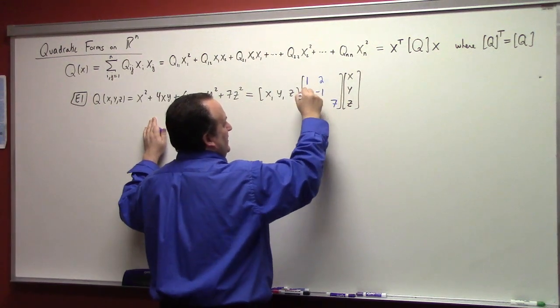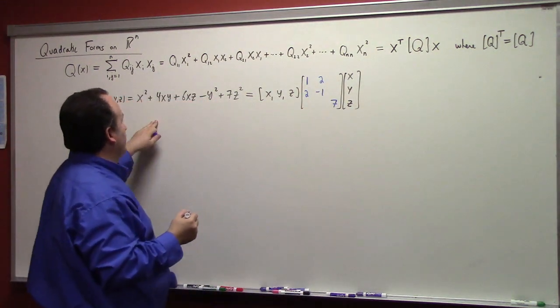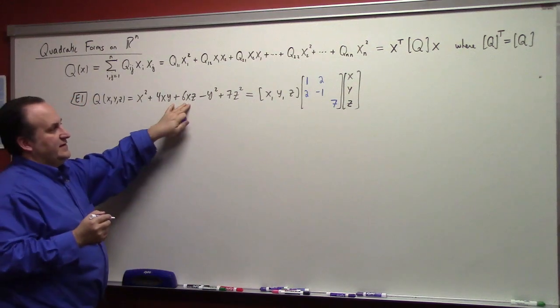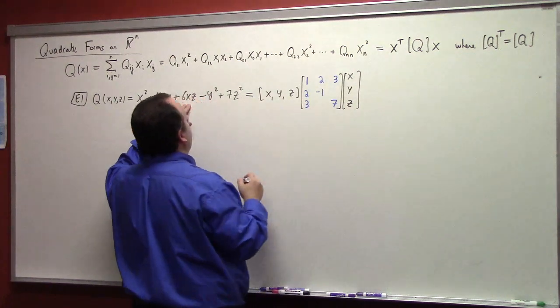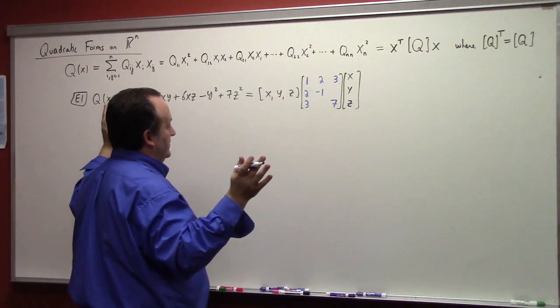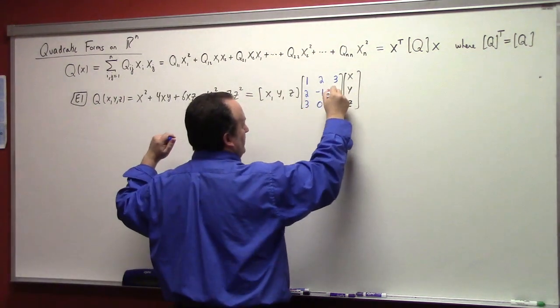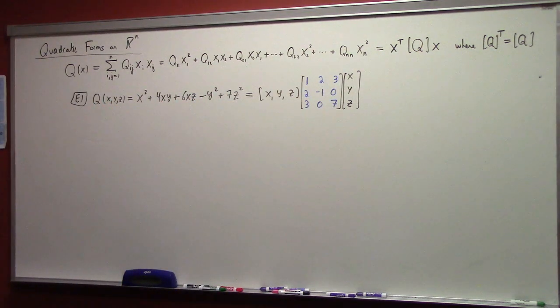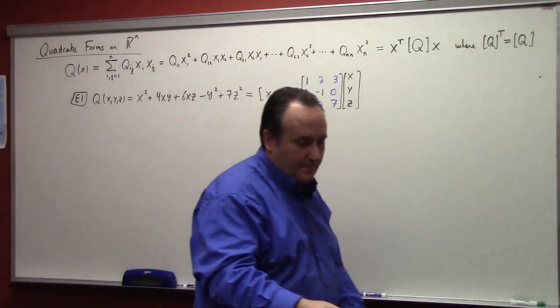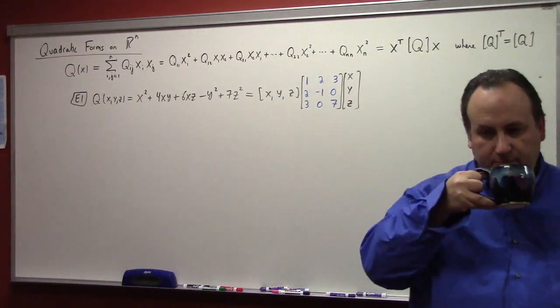We want to keep it symmetric. And then this 6xz, I'm going to put a 3 here and a 3 here. There is no yz, so that puts a 0 there and there. So far, so good? Yep.